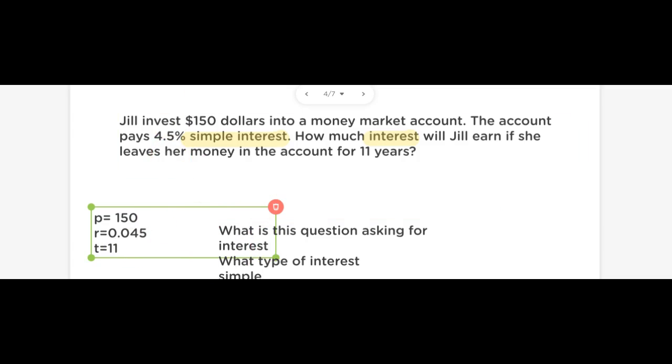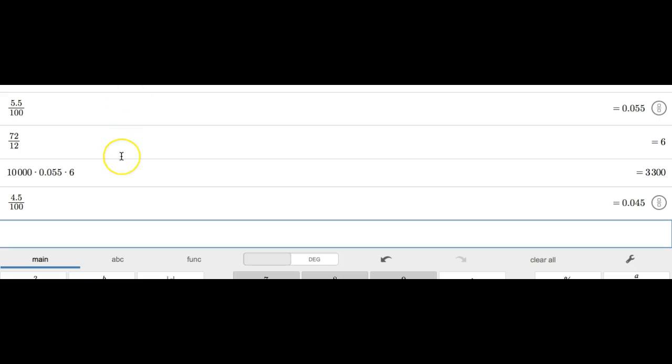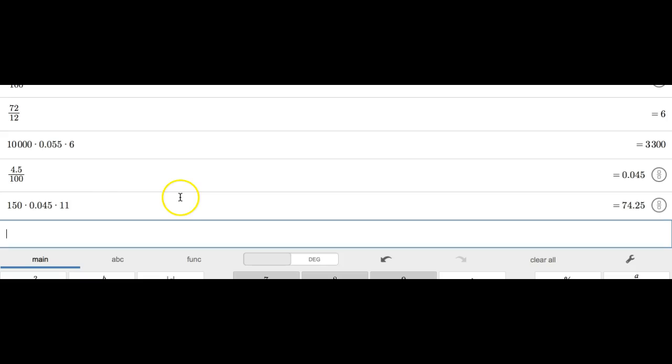So I'm going to go back to my calculator. That's going to be 150 times 0.045 times 11. And there's your answer, $72.25. That is what she's going to be earning in interest on that problem.